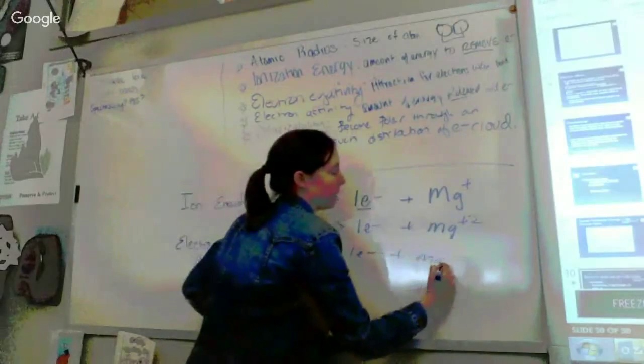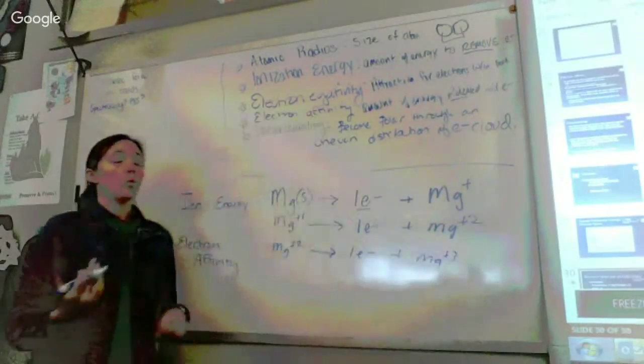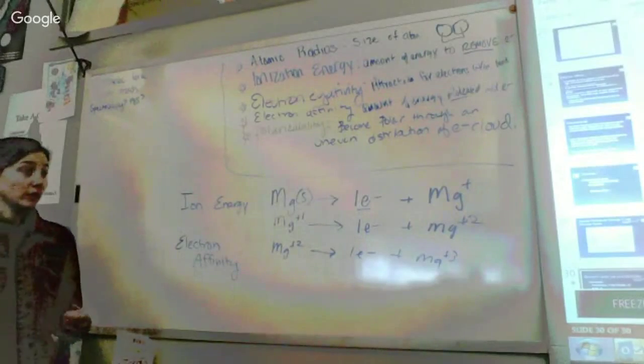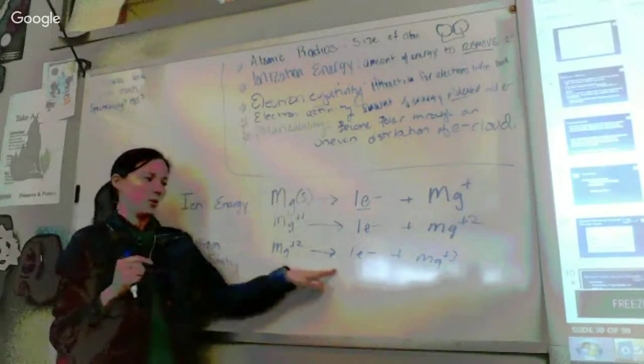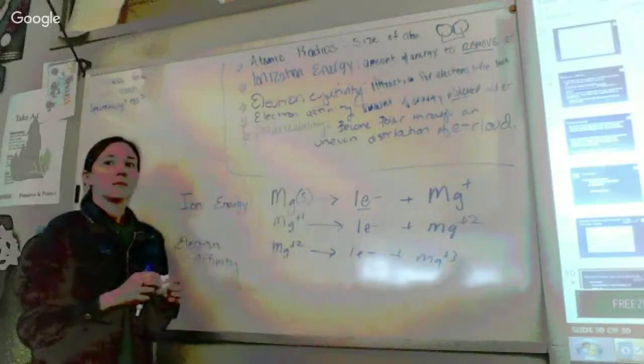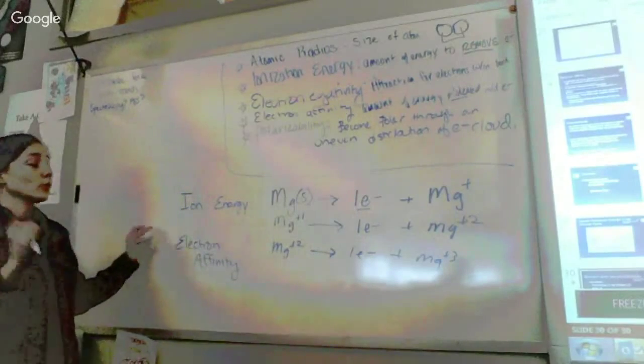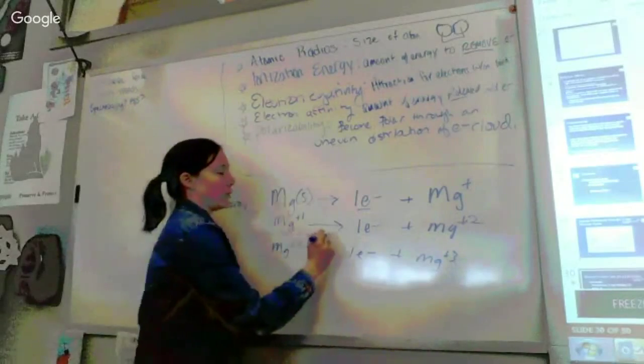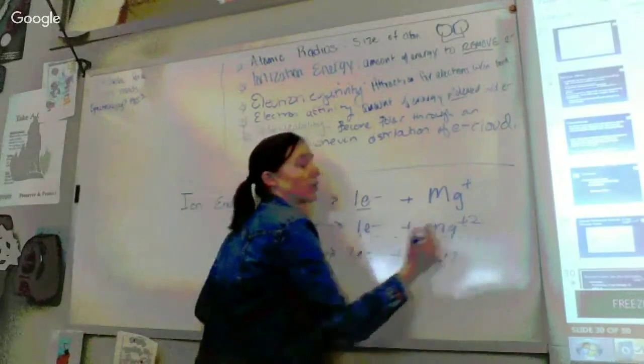We could go on and say magnesium +2 loses another electron to become magnesium +3. A really common thing to ask about is, why would this happen? We just went into another row, so we got to what we call the core electrons.